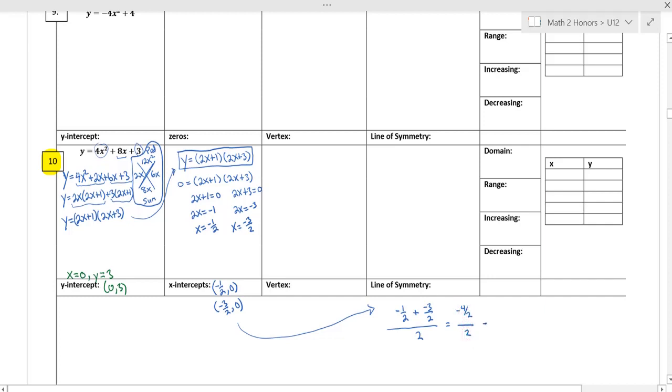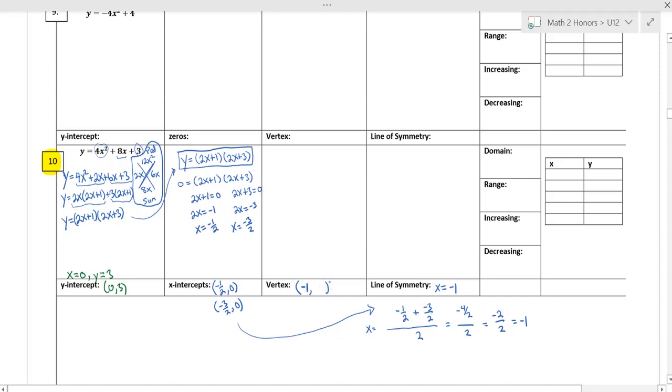Negative 4 over 2 is negative 2, and negative 2 over 2 is negative 1. So my line of symmetry is x equals negative 1. Now, since I know the line of symmetry, I know the first value of my vertex, x equals negative 1.